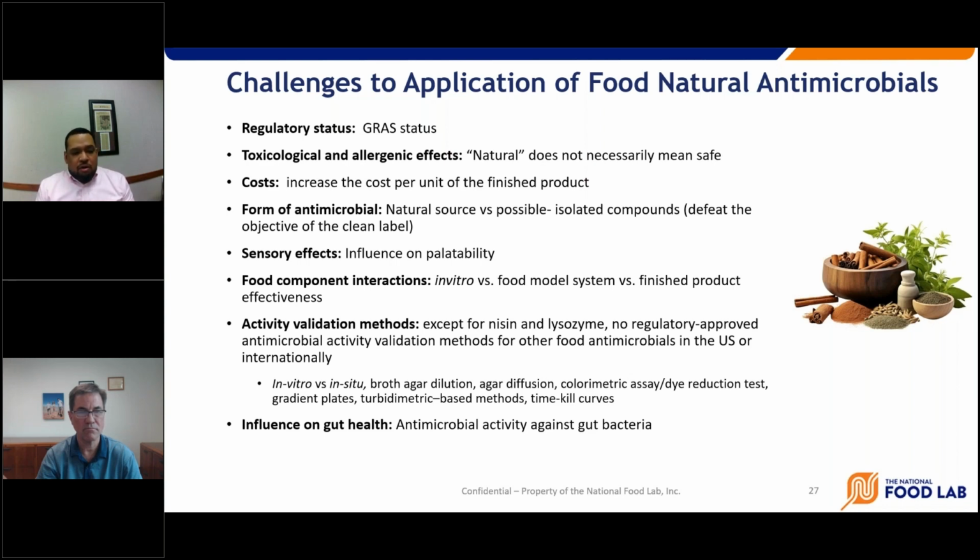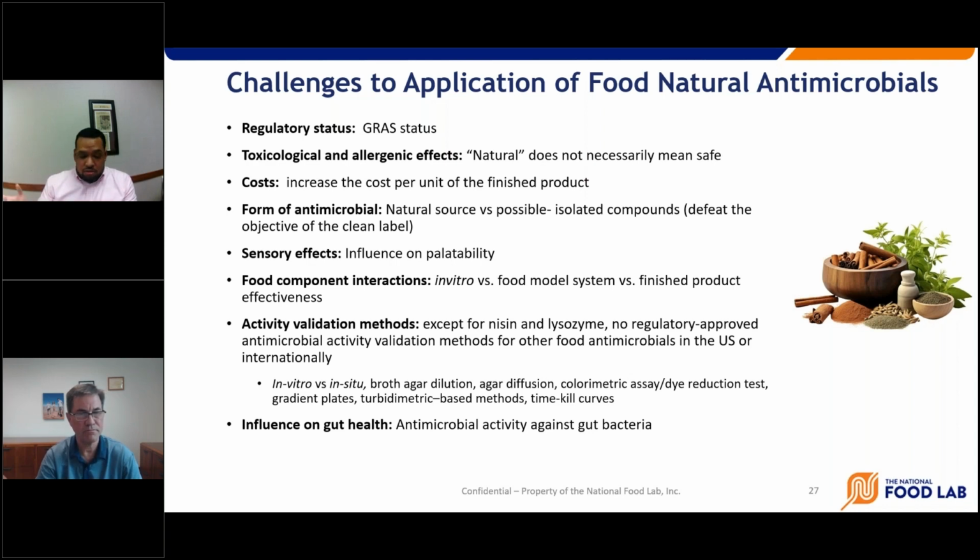And then you have things about food component interactions. The more complex the food system you are trying to put these ingredients to work in, the less effective they become. Things also that you need to keep in mind when you're formulating this product is what is the validation method that you're going to use? How are you going to check if indeed this compound is being effective in my formulation?